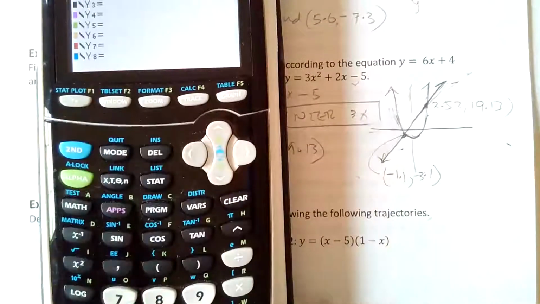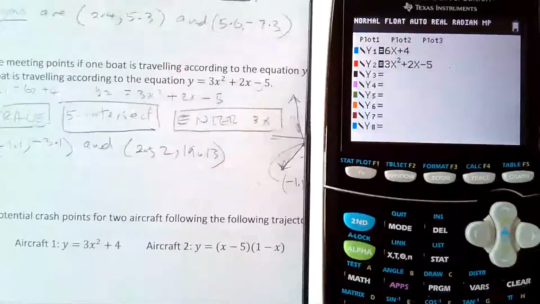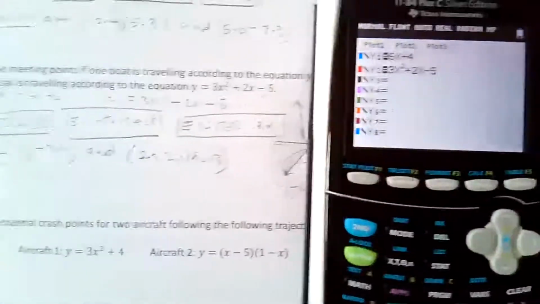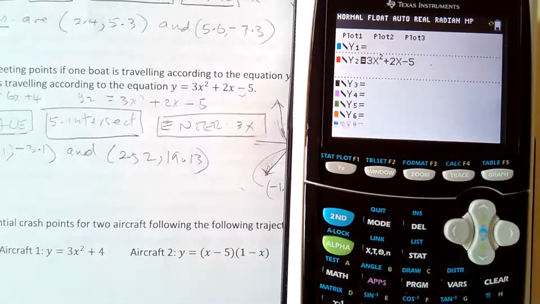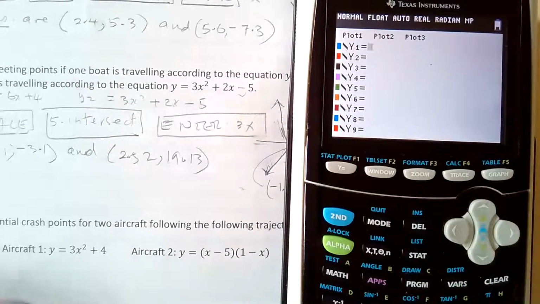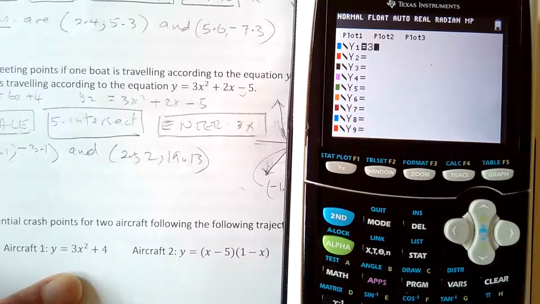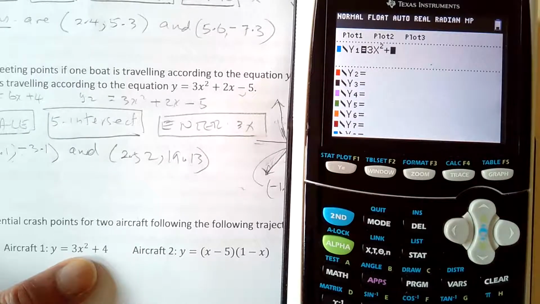Okay, let's go to the Y button, and I'll enter the 2 equations. So clear that, clear the second one, back to Y1. 3x squared plus 4.